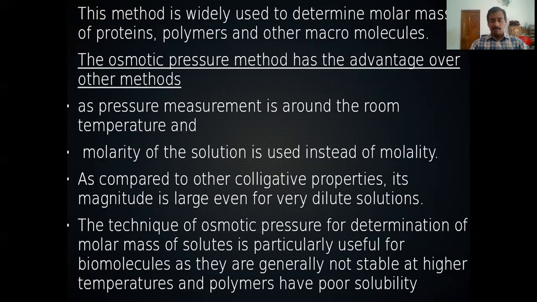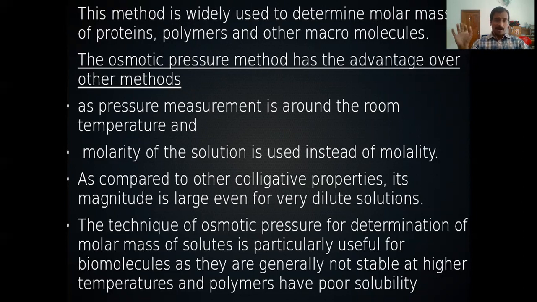Some polymers have very low solubility. In such cases also, we will get a measurable osmotic pressure. So we can see there are some advantages for this osmotic pressure method. Which are the important advantages of the osmotic pressure method over the other methods?